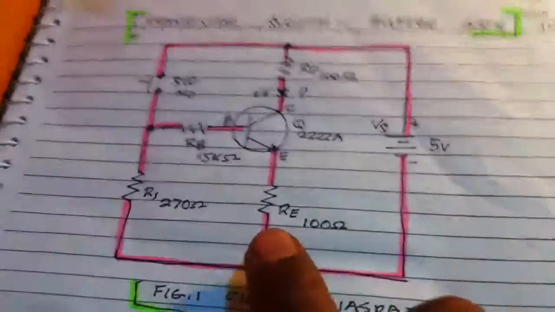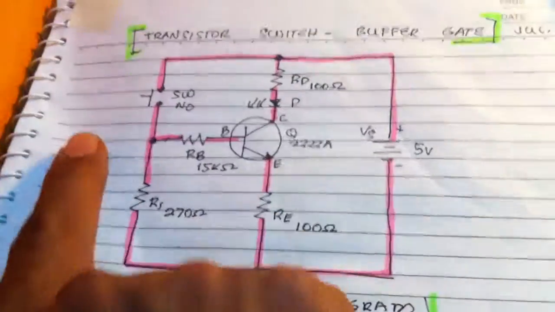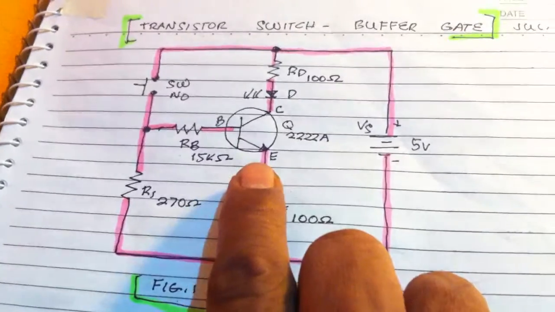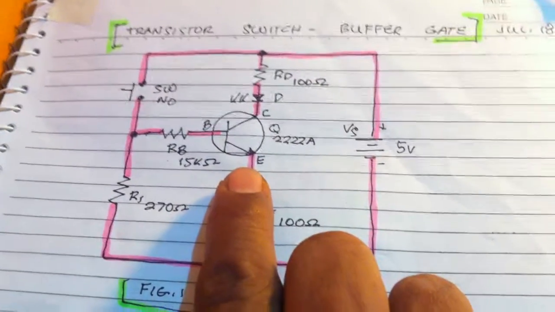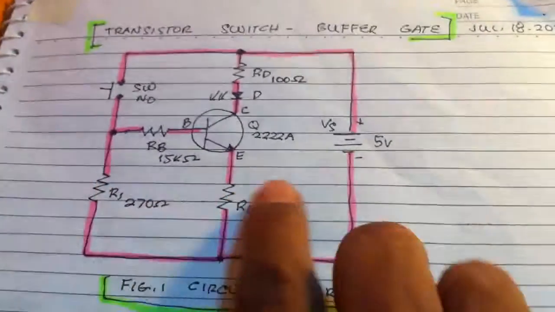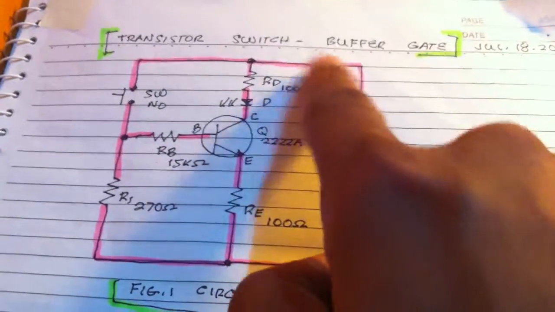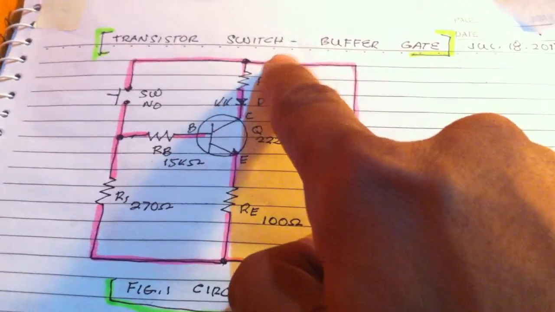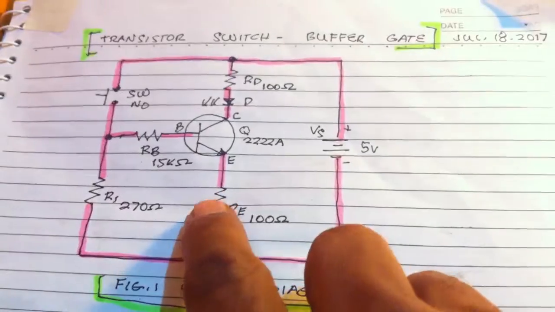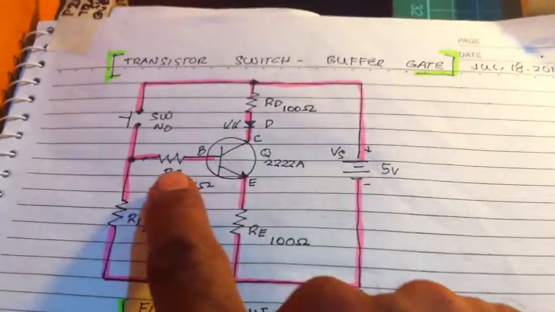In here, the operation is that the transistor is used as a switch in saturation mode. When you close the circuit here, no current flows.